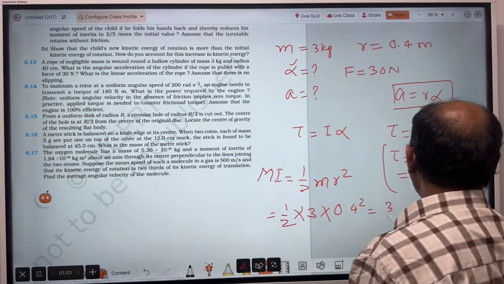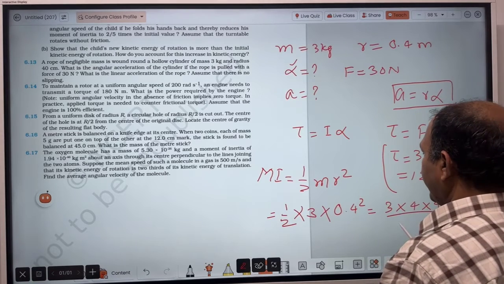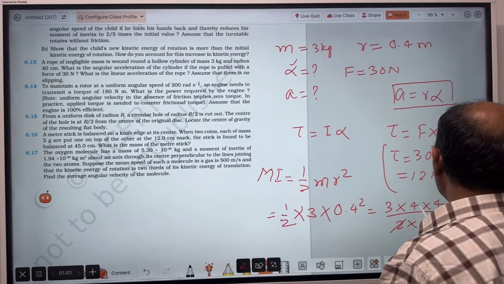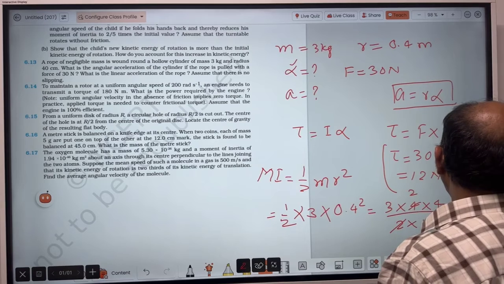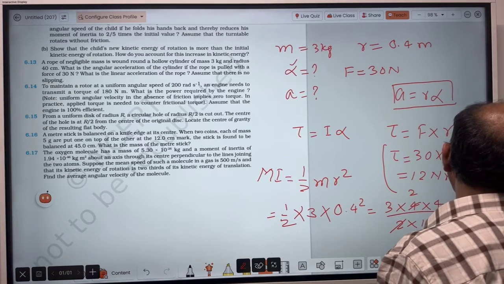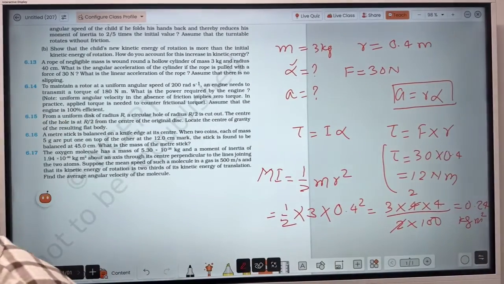So this will become 3 into 4 into 4 divided by 2 into 100. So 2 times 6 is 12, 0.24 kg meter square. So we have got the value of moment of inertia.